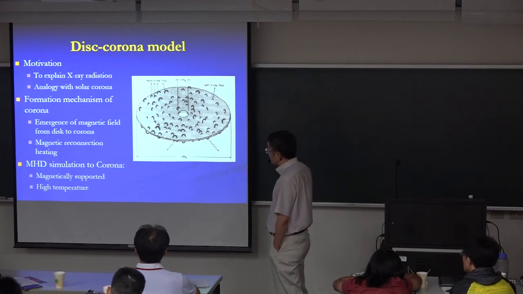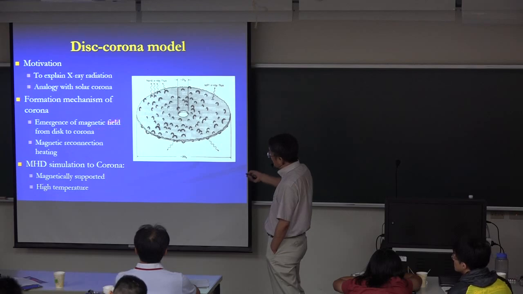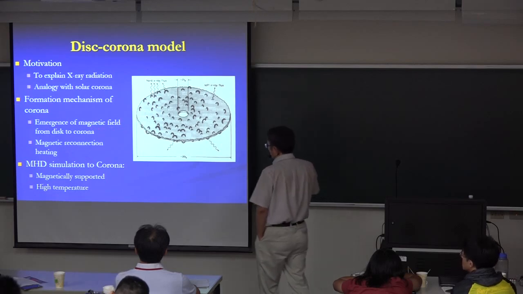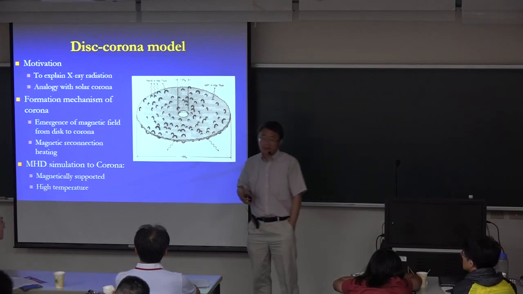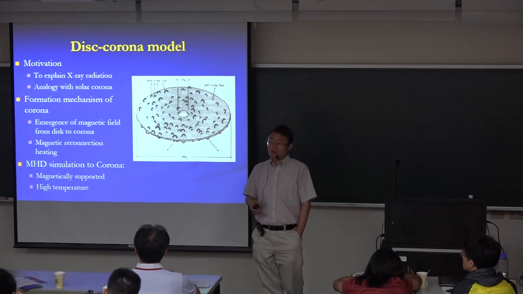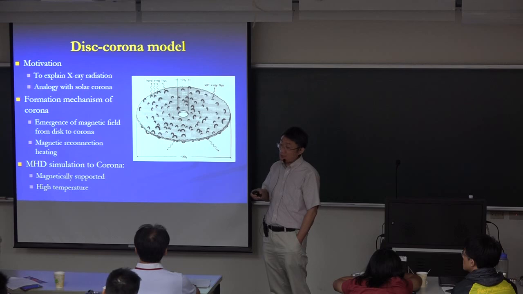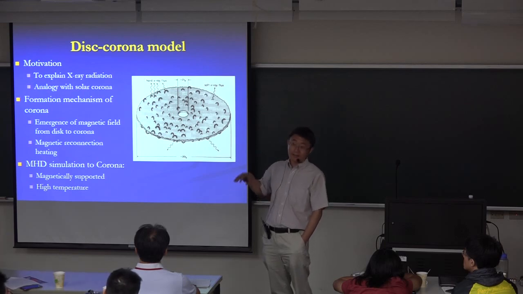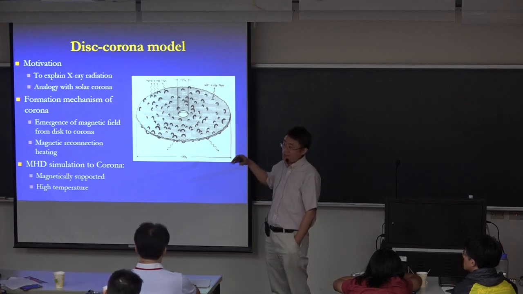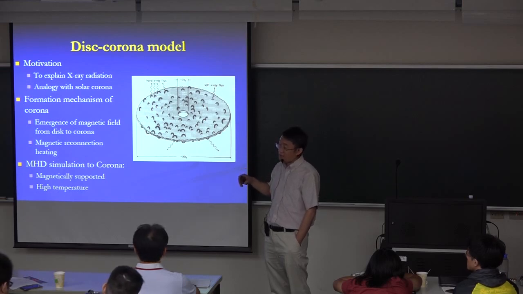Unfortunately, in recent years, because of the rapid development of numerical simulation, including radiative, three-dimensional MHD numerical simulation, which is quite complicated and advanced, people began to test this phenomenological model to see whether it is correct or not.